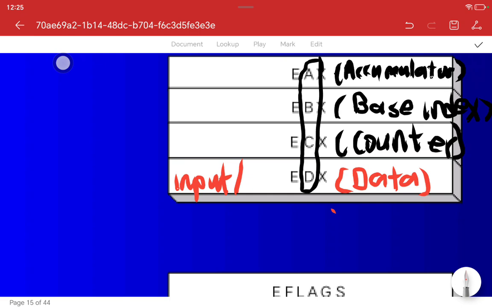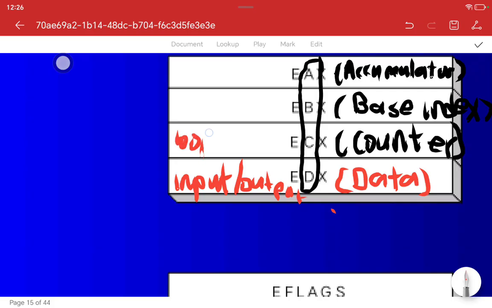So EDX, which is for data, is used for input or output operations. So I'll just write input or output. Then ECX is used for the loop counter.